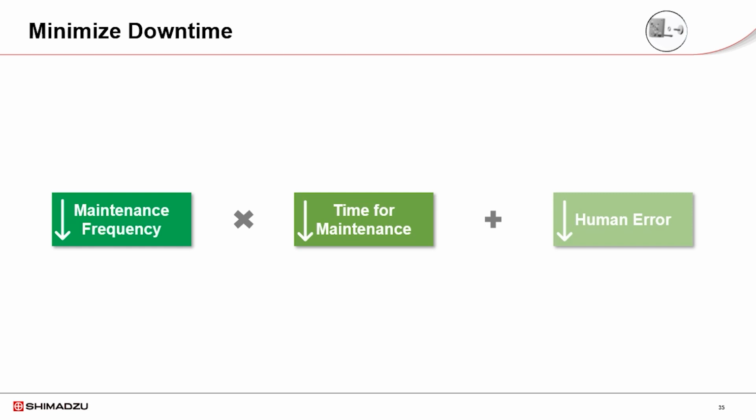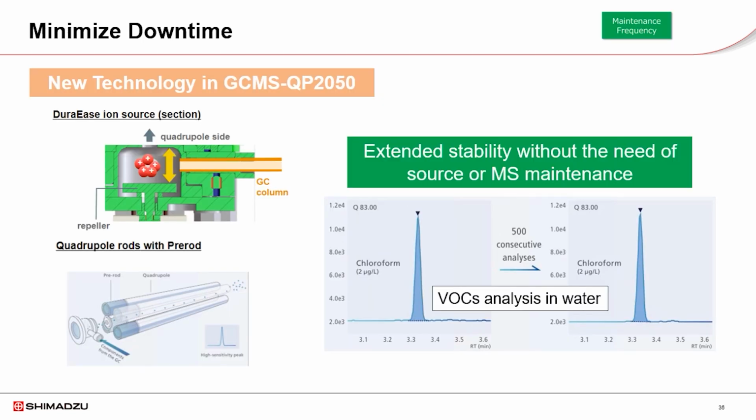In the brand new GCMS QP2050, we equip a Dura-is ion source. Dura means durability, and this type of ion source keeps good sensitivity without a lot of maintenance. Also, Shimadzu quadrupole rods are equipped with a pre-rod before the main rod. Those pre-rods protect the main rod from contamination and keep the quadrupole clean.